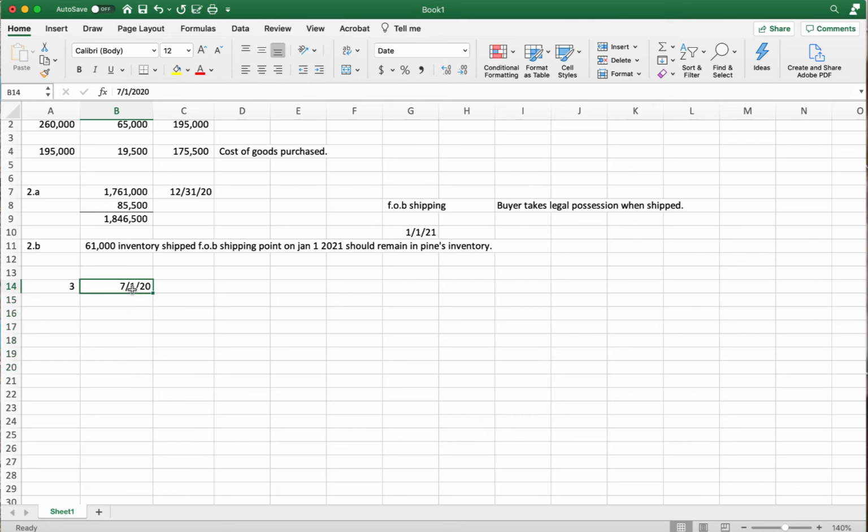So on 7/1/2020, we had on hand 1,000 units at a cost of $62 each. These are going to be my units, here's going to be the cost, and here's going to be the total. They tell us that on July 3rd, we bought 3,000 units at a cost of $63.